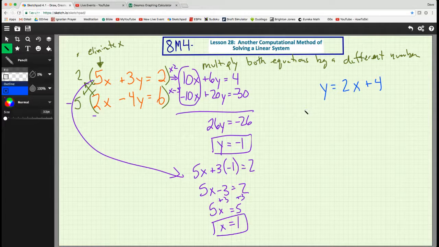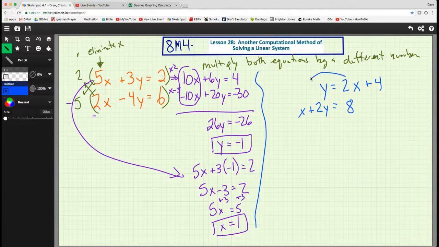You'll get like, x plus 2y equals 8. Well, in this equation, my variables aren't lined up. So you can't use elimination unless your variables are lined up.